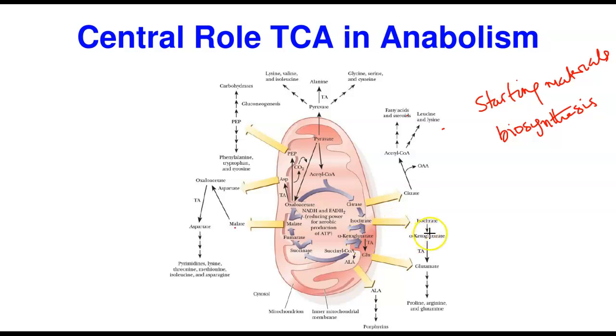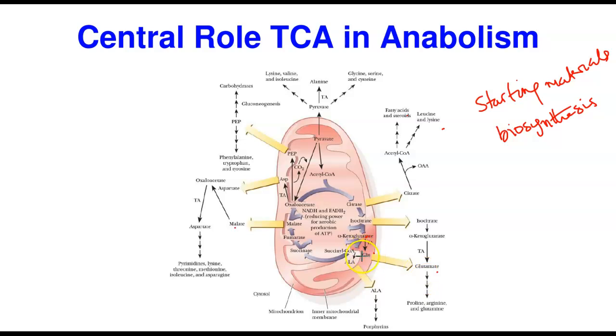Let's see what's happening here. Isocitrate too can leave the mitochondria and be converted to alpha-ketoglutarate. Alpha-ketoglutarate can be transaminated to glutamate, and glutamate can be converted to other amino acids like proline, arginine, and glutamine. Transamination can also occur inside the mitochondria, and this glutamate can leave to join as well.